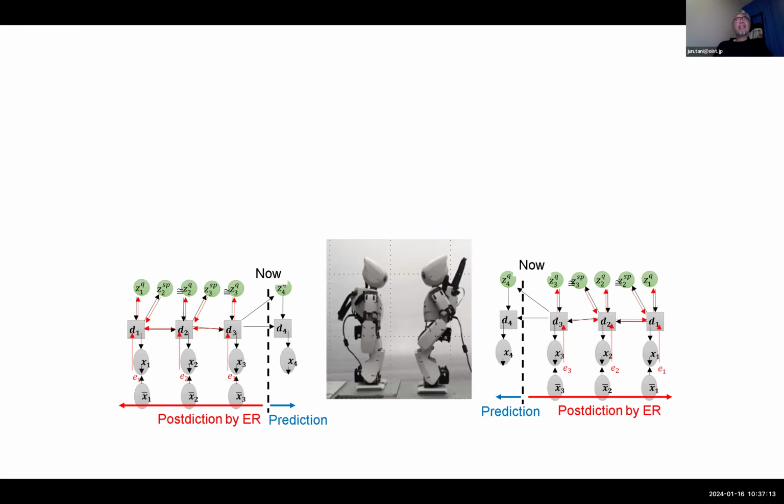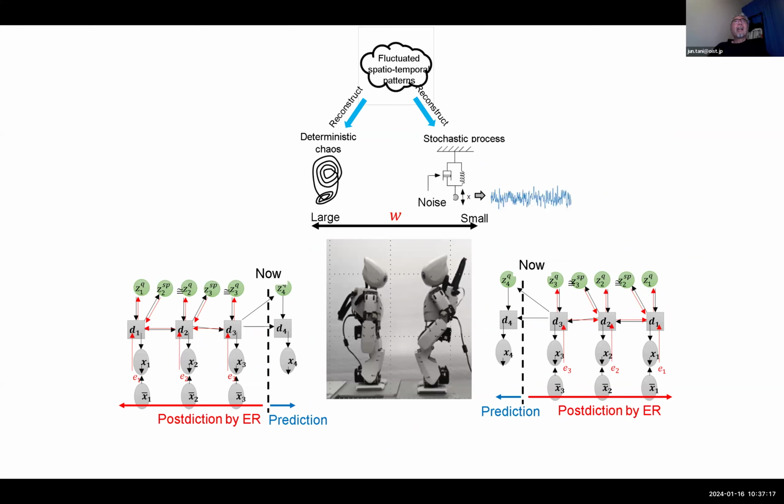Okay, so then something we can say is that this robot is set with larger W. This robot is set with small W. Then what we see is that when set with larger W, the prior becomes more precise, so very small sigma, high precision.